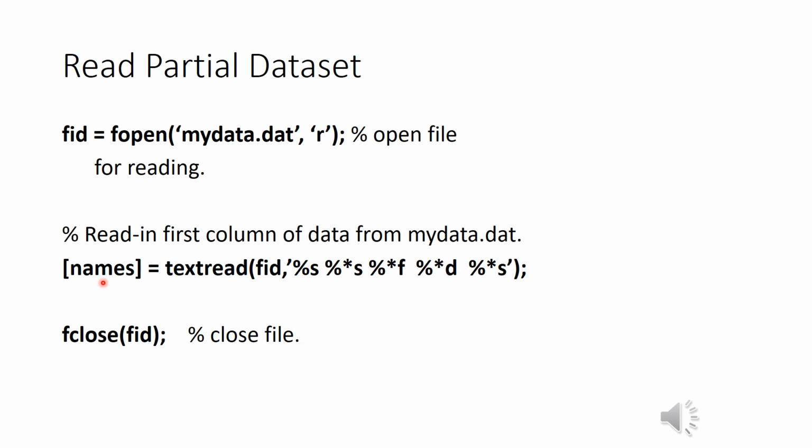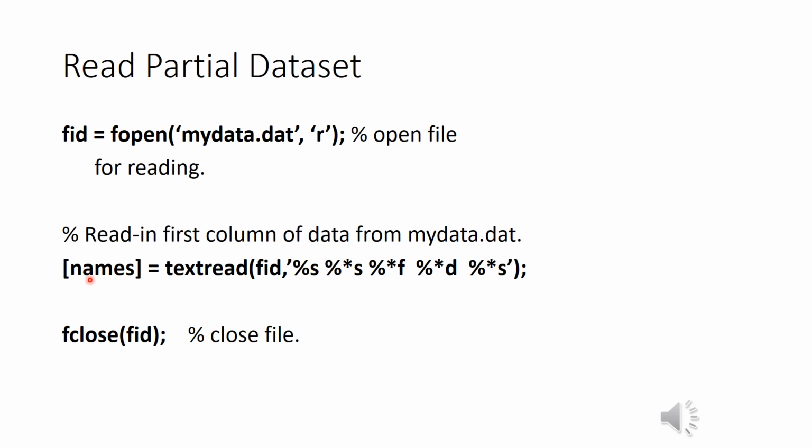So you are asking that these are names, and you are now at the textread position. Textread means FID, %s, %s, %f. These are all those values. But textread will read the first column, and you are telling that this first column is a string, and you know that the first column of your data set was names.